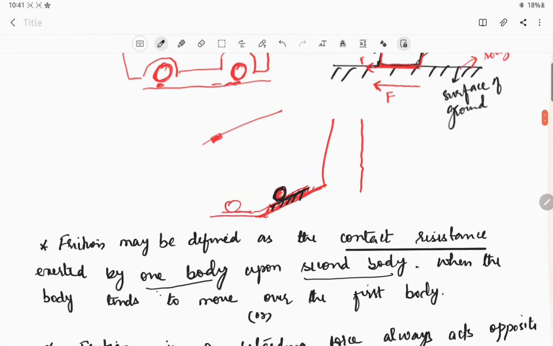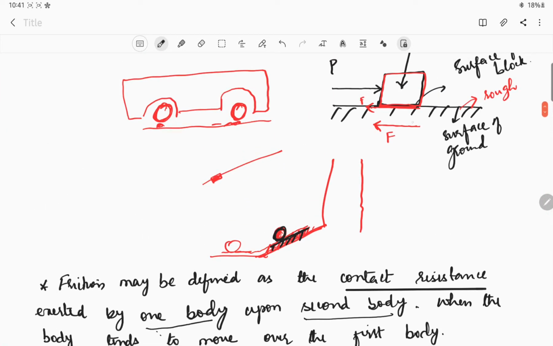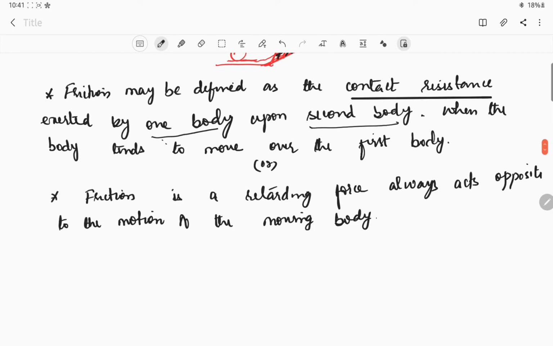So I have shown you here that it is a retarding force. Frictional force is a retarding force which will act opposite to the direction of movement of the body, and it will always act opposite to the motion of the block or body.